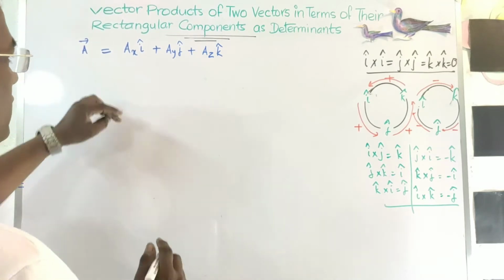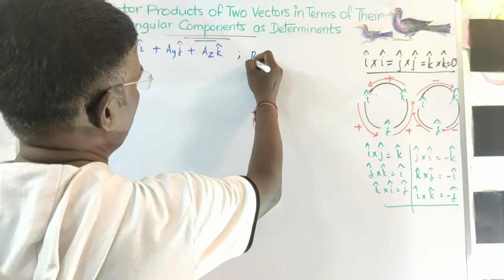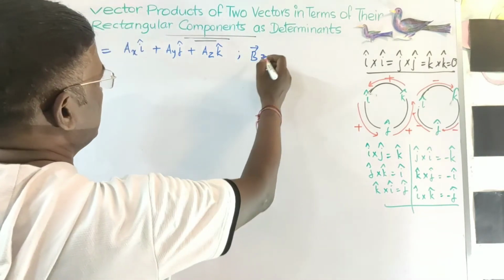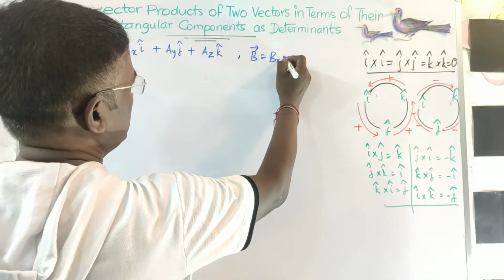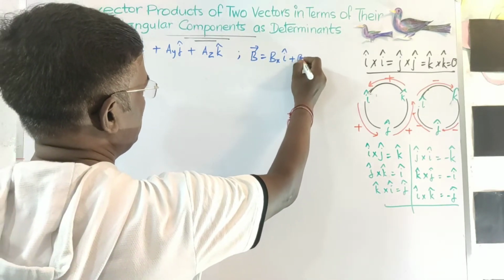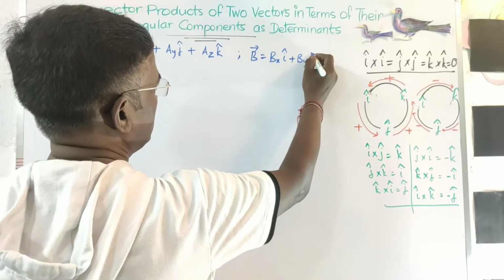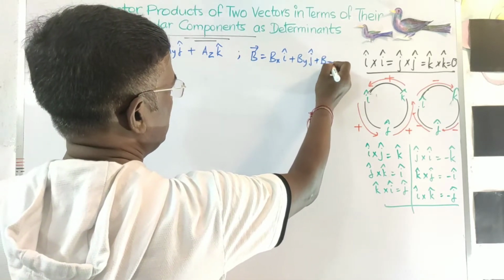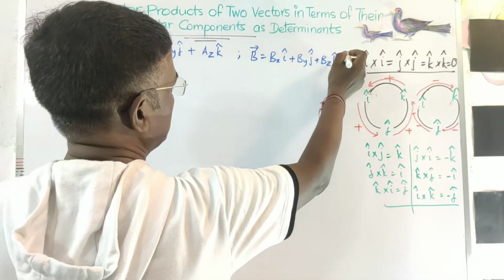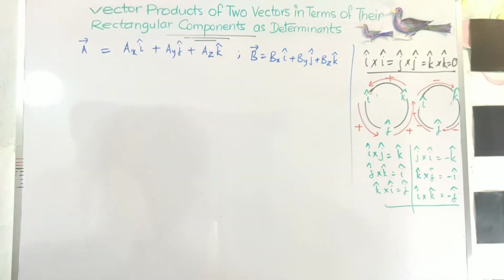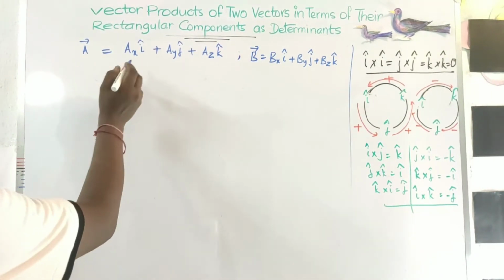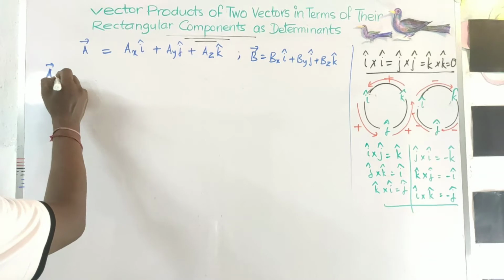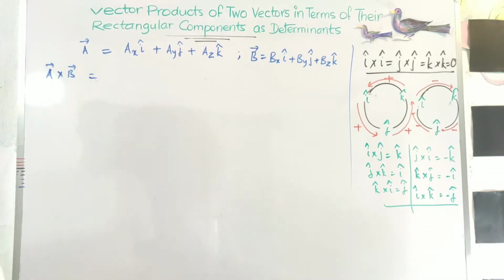To save space here, I will write B here, and B can be similarly written as Bx i plus By j plus Bz k, is it? Yes, Bz k.